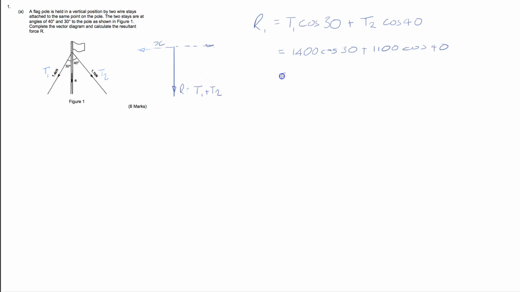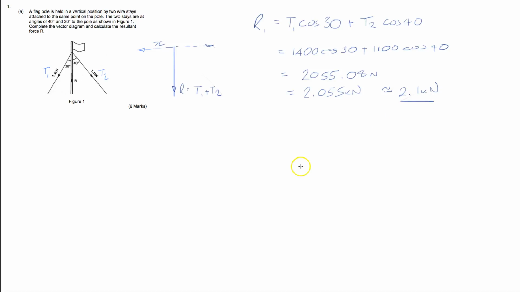Slap that into the calculator. And that comes out as 2055.08 newtons, which is equal to 2.055 kilonewtons, which is to one decimal place 2.1 kilonewtons.